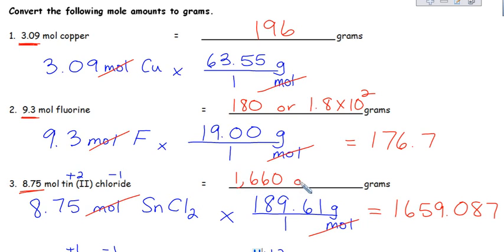Or option 2, scientific notation. 1.66, this time 10 to the 3rd power. Either is acceptable. So again, at this point, I might suggest pause the video, try the last 2, and then bring it back and see if you're on the right track.